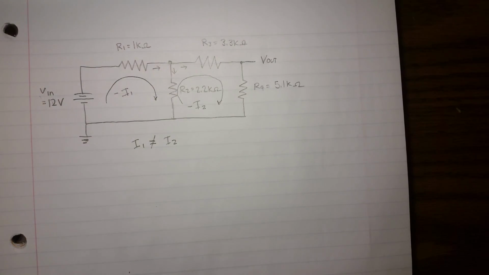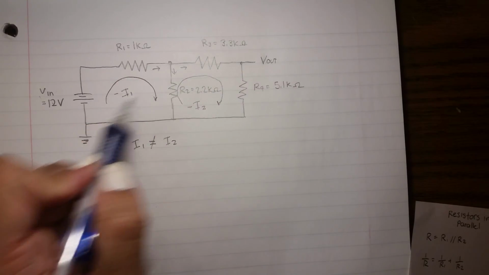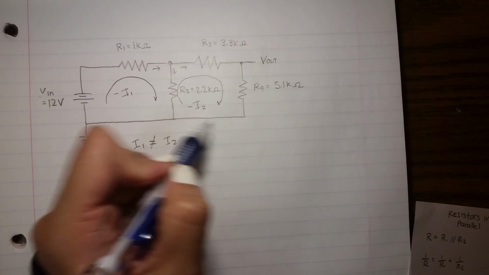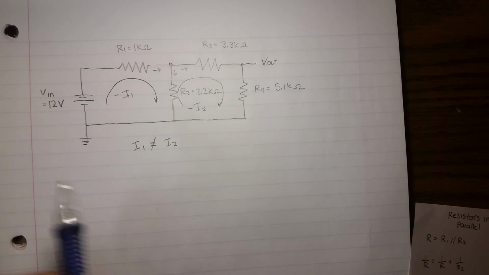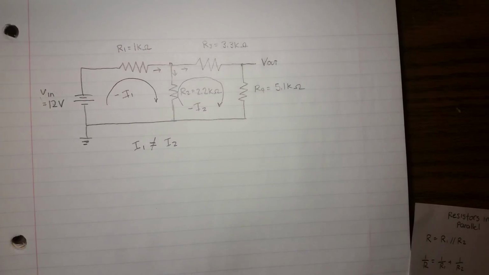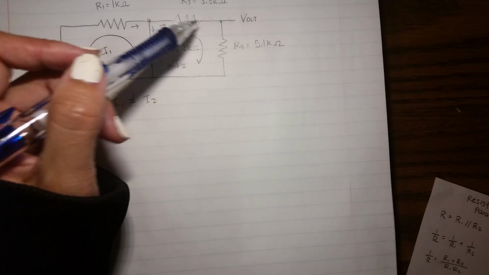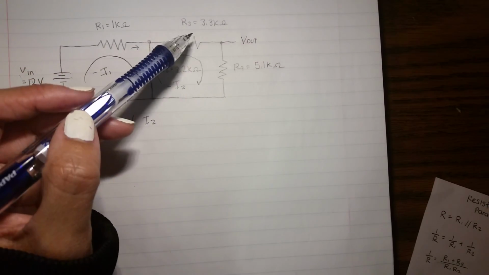So what can we do? Can we just take V in over here? No, we can't do that. So what we're going to have to do is find the equivalent resistance of all of these together, and we'll see why in a minute. Remember that in series you can just add up the resistors together.